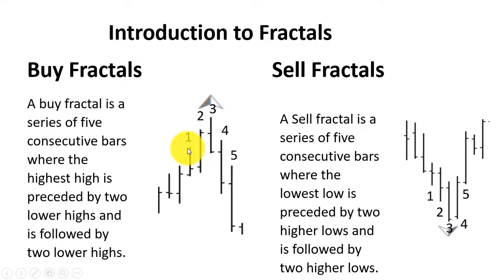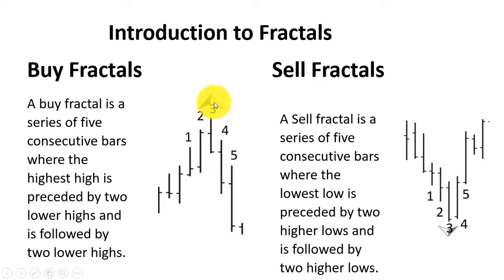Okay, so you need 5 bars: 1, 2, 3, 4, 5. Look at the middle one. The high of this one is higher than the previous 2, and also higher than the next 2. So it's like the king of the castle. It's at the top of the mountain.